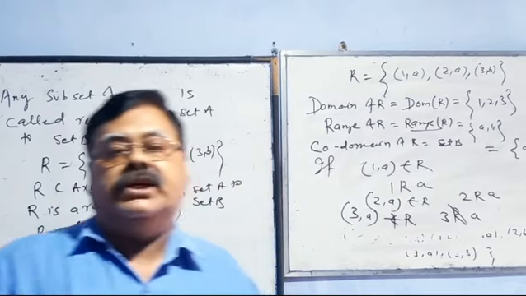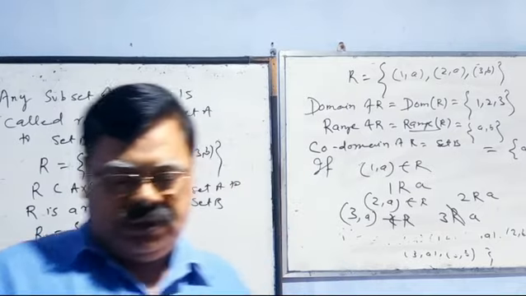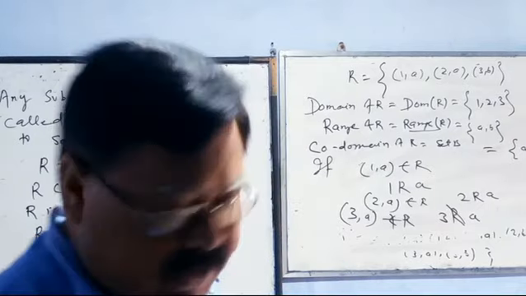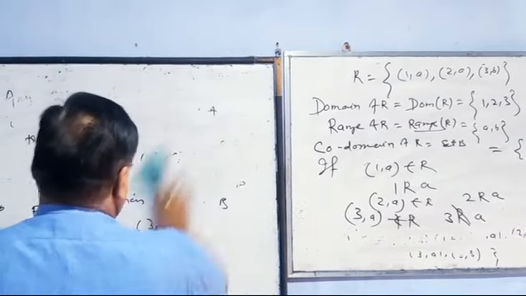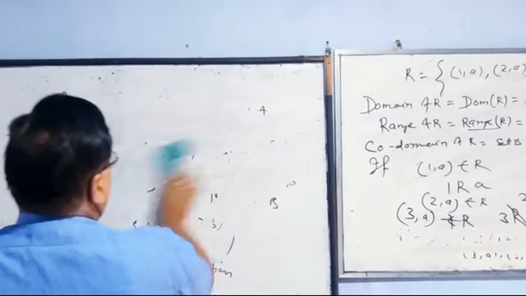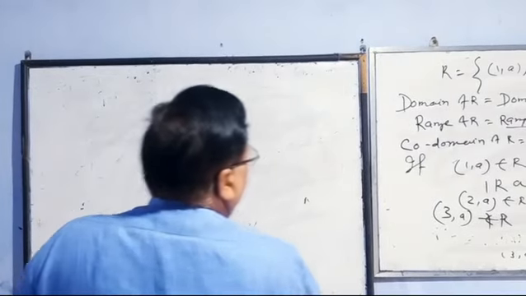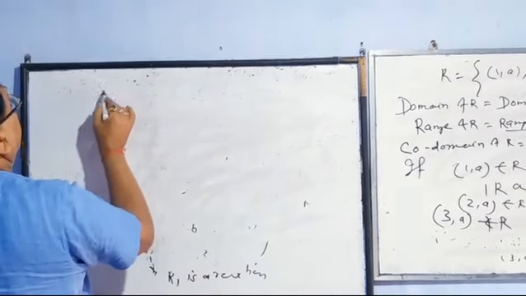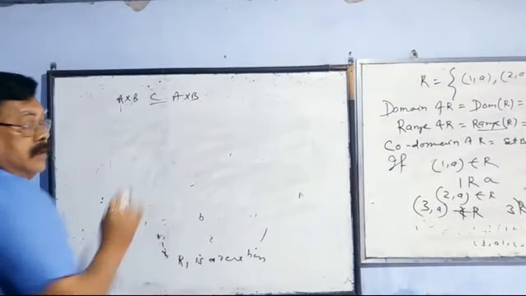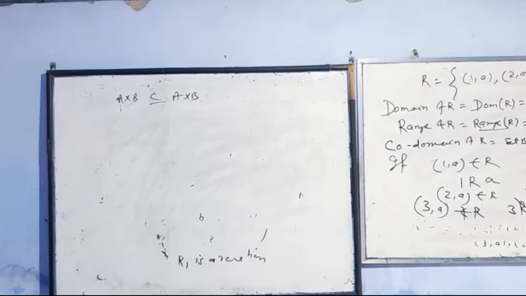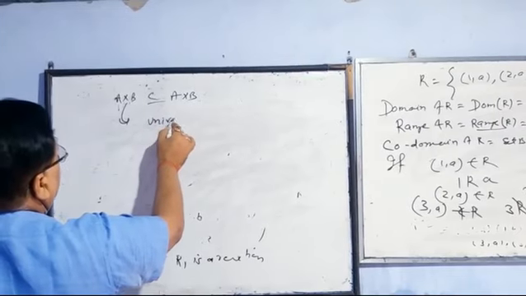So any subset of A cross B is a relation. Students, if we take A cross B itself, it is also a subset of A cross B. So this A cross B is called the universal relation.